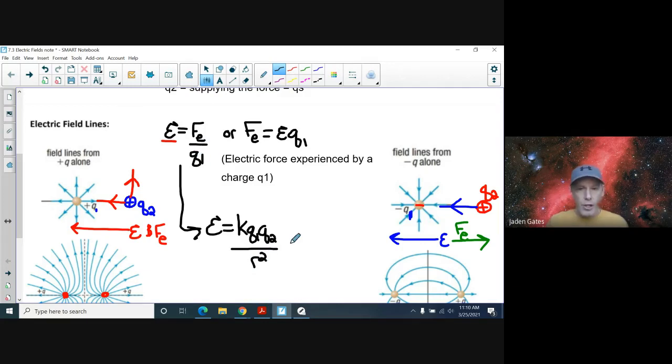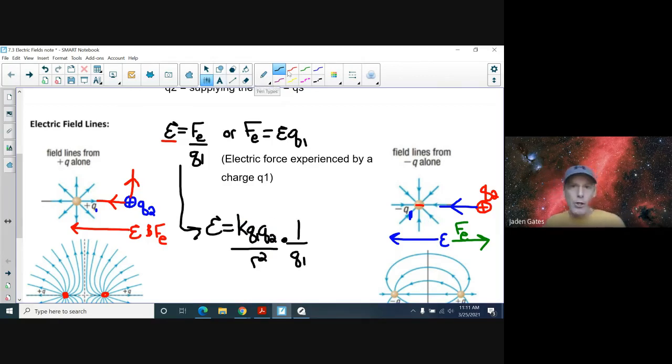Now, I can't forget, I got this Q1 in the bottom. So to substitute that, I'm going to go times 1 over Q1. So Fe is represented by K times Q1 times Q2 divided by R squared.